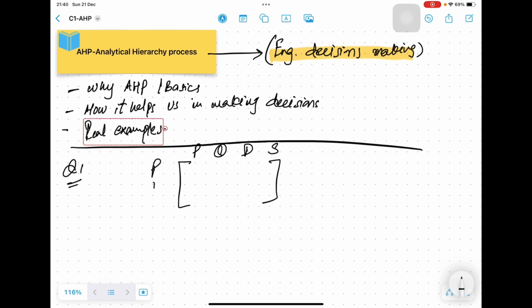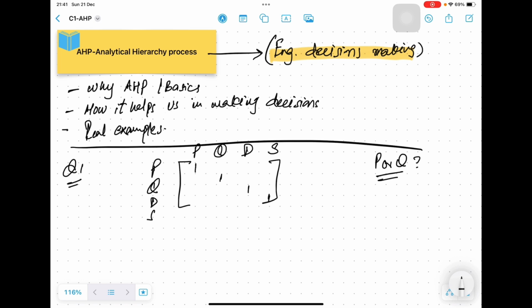And the same case is here. As we know, all the diagonals would be equal to 1, that is the basics. Now we just want to know whether price or quality is more important. This is the question. It looks like a simple question, but it's actually very difficult.